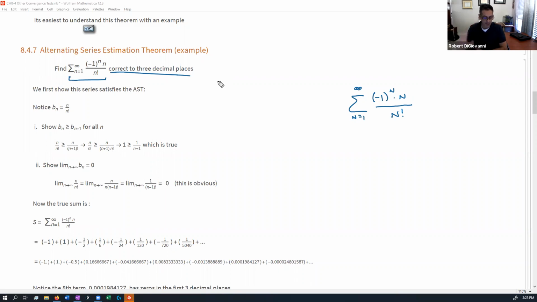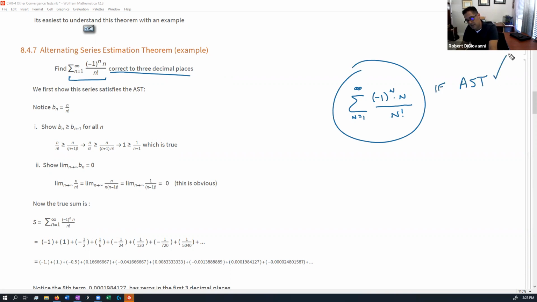Here's what the theorem is saying: if this satisfies the alternating series test conditions, then the difference between the true sum and the sum out to only the nth term will always be less than or equal to b sub n plus 1.